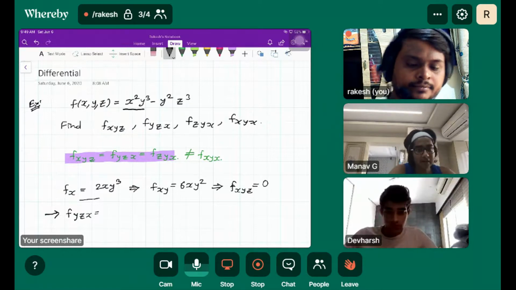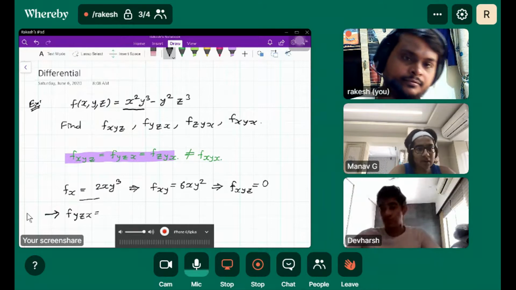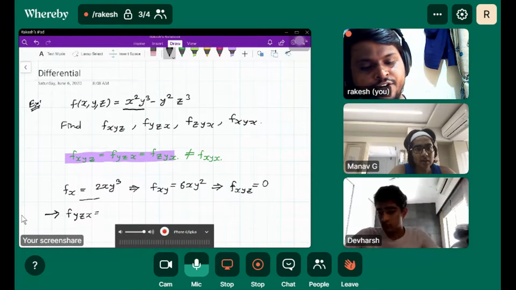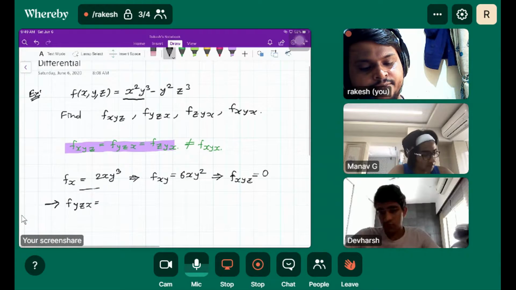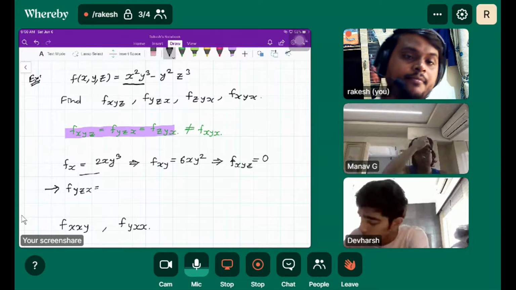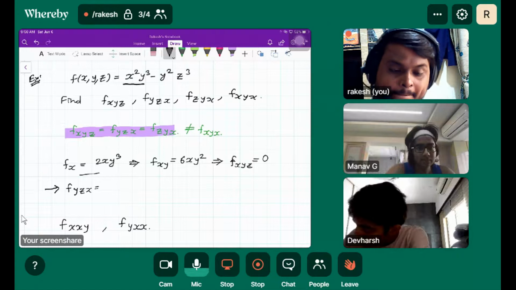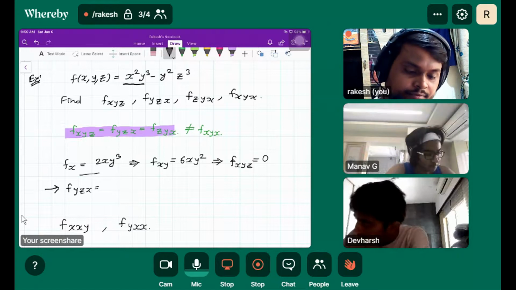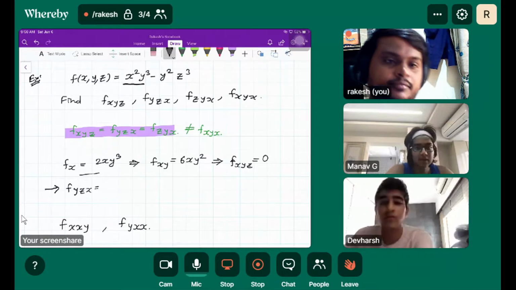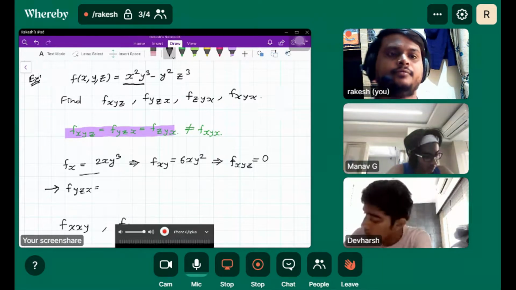For f_xyx, the first step is the same, 2xy cubed. Then with respect to y it becomes 6xy squared. Then with respect to x again, it becomes 6y squared.